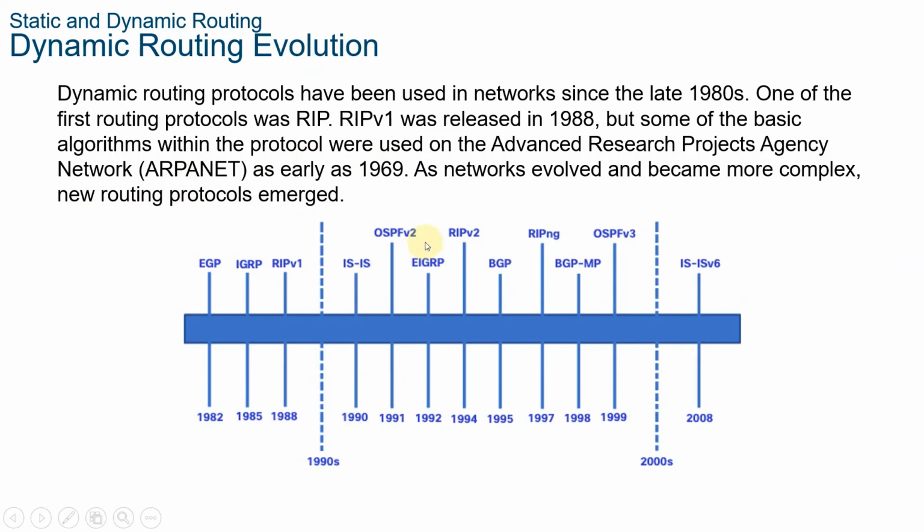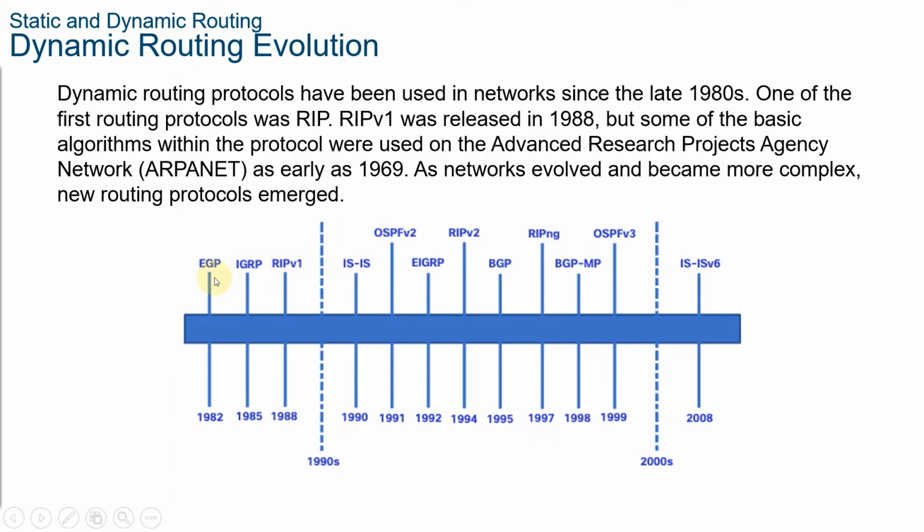All right, so let us cover here the dynamic routing evolution. Dynamic routing protocols have been used in networks since the late 1980s. One of the first routing protocols was RIP.